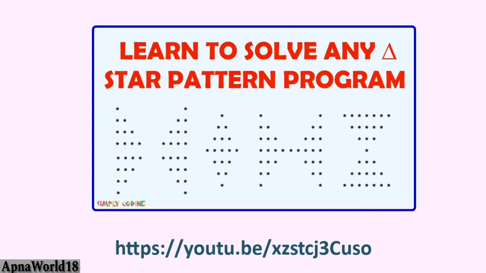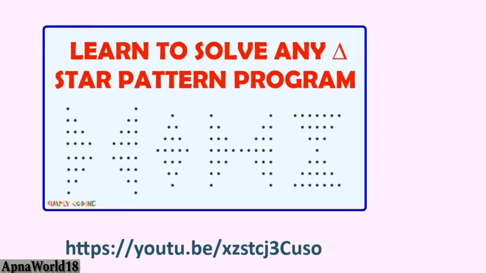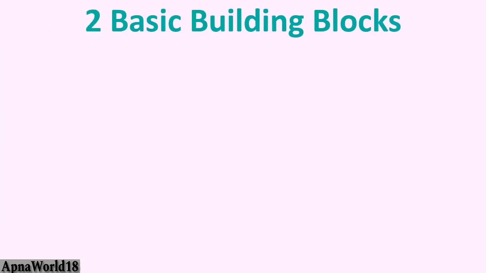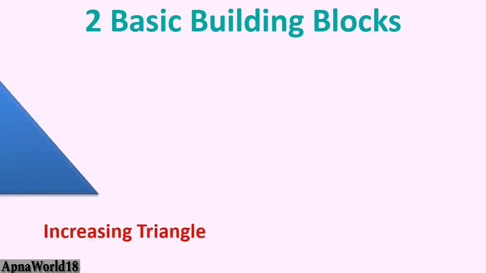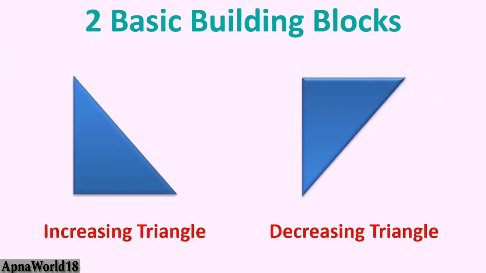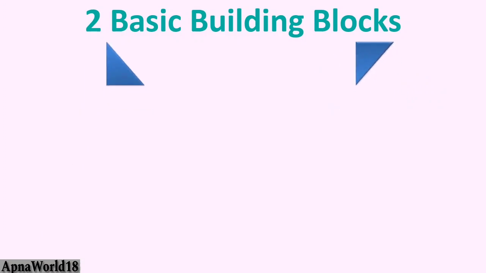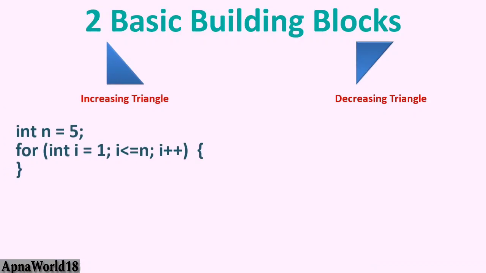I'm giving a quick summary of my star pattern video. What we learnt is that you can make any complex shapes by learning to code only two basic shapes, increasing triangle and decreasing triangle. Let's see the code for both of them. Increasing triangle has outer loop from 1 to n and inner loop from 1 to i.